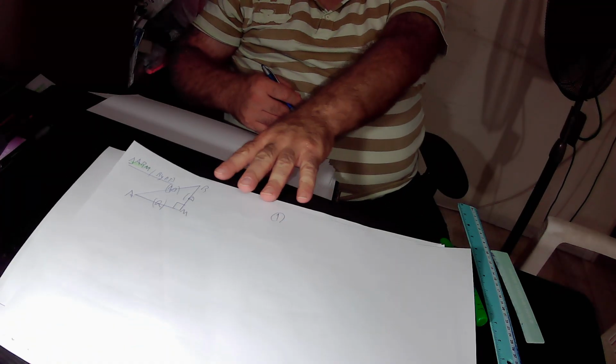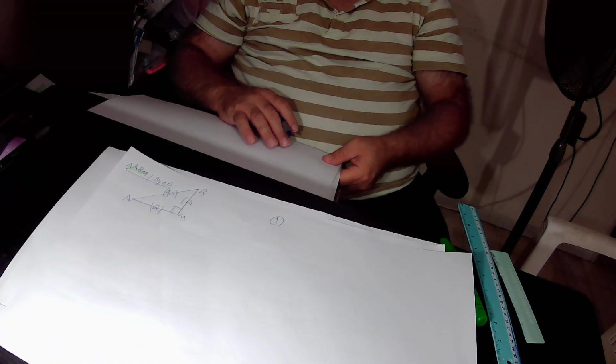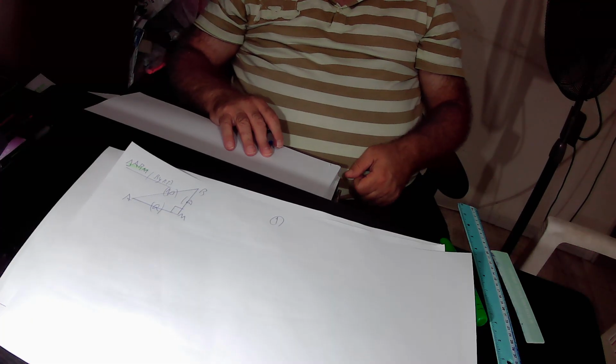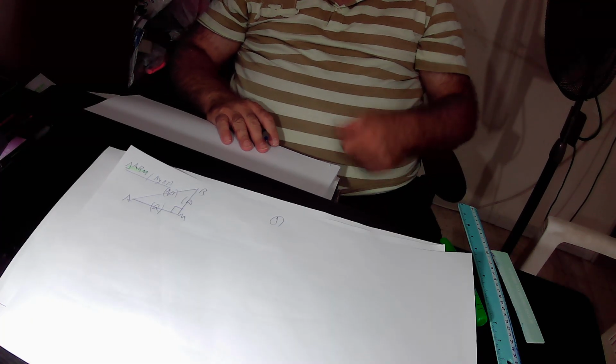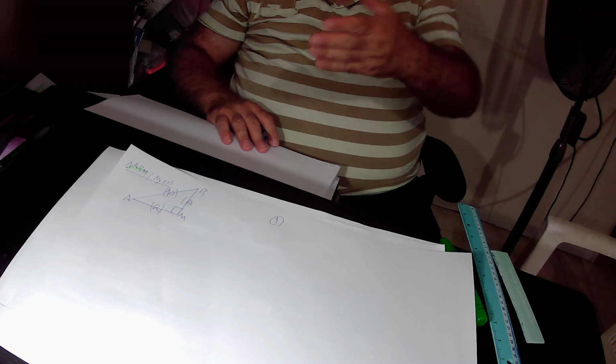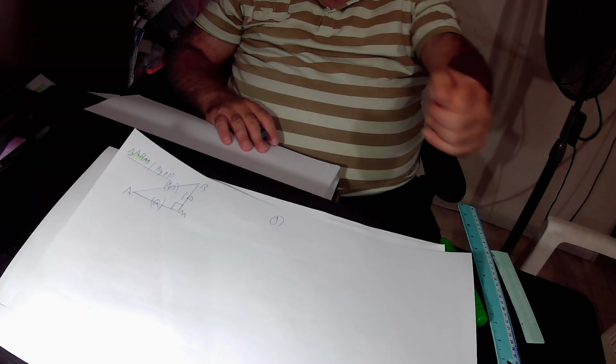So here, this is the small right triangle ABM, copied from the original drawing. In this right triangle ABM, according to the Pythagoras theorem, BA squared, that is the square of the hypotenuse, equals BM squared plus MA squared. So write it down.